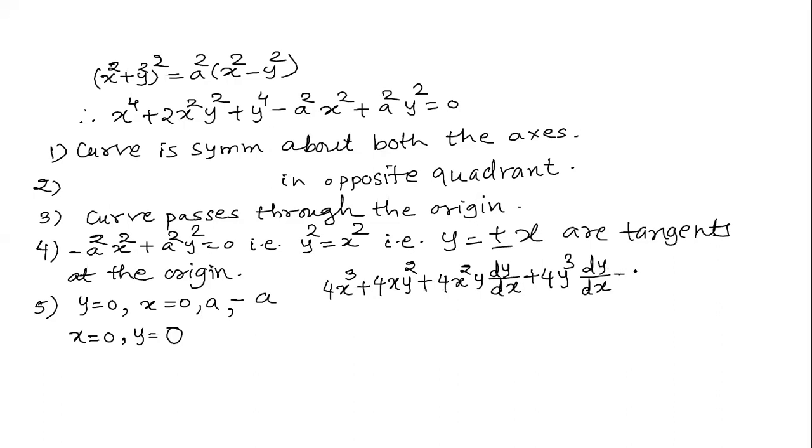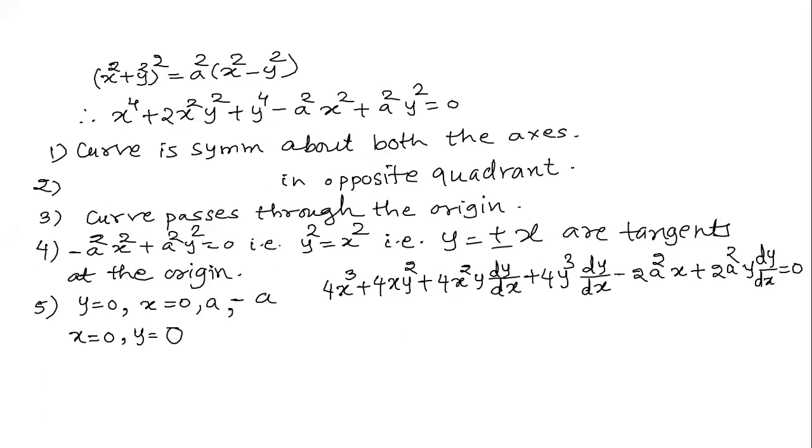I hope that I am correct. Minus 2a square x plus 2a square y into dy by dx, and that is equal to 0.